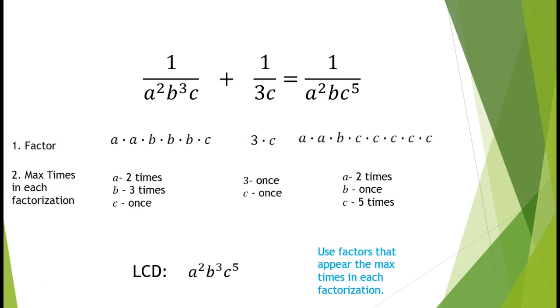My LCD is going to have A squared. B was used a max of 3 times in the first factorization. So I know I'm going to have B to the 3rd. I'm always going to pick the factor with the highest exponent when I have the same variable. And finally, C to the 5th, because that's the highest exponent among the variable C.